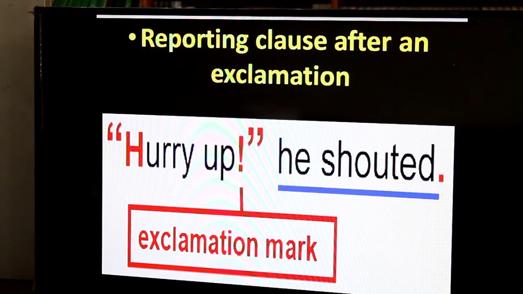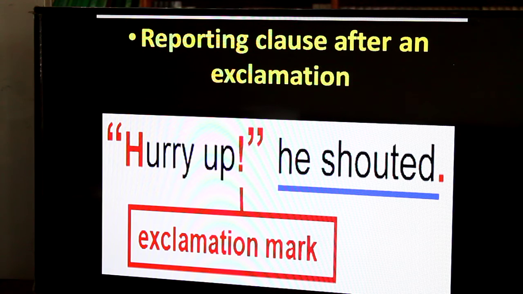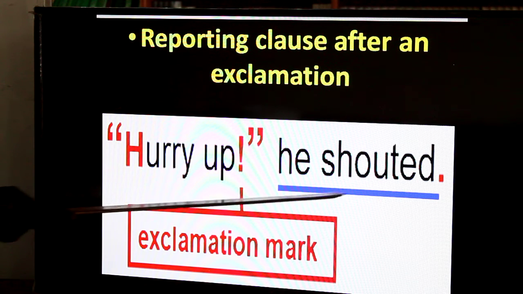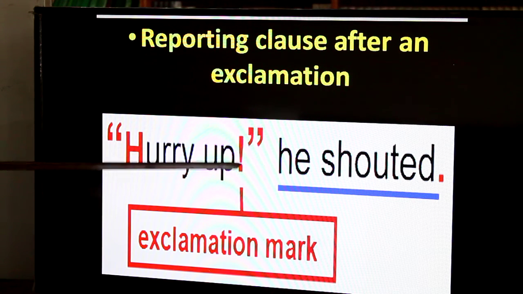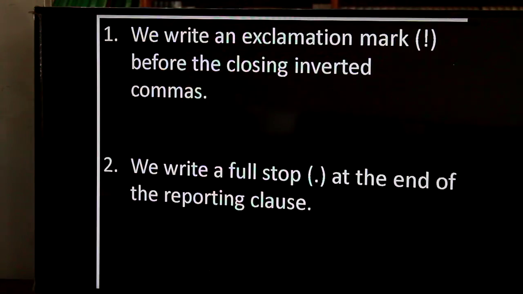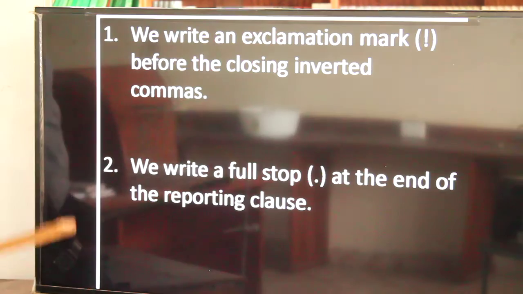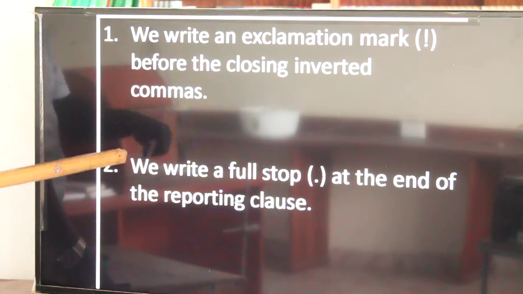Start next with a small letter, and then end that sentence with the reporting clause at the end, full stop. Remember, the exclamation mark is coming before the closing inverted commas. How? Write an exclamation mark before the closing inverted commas.